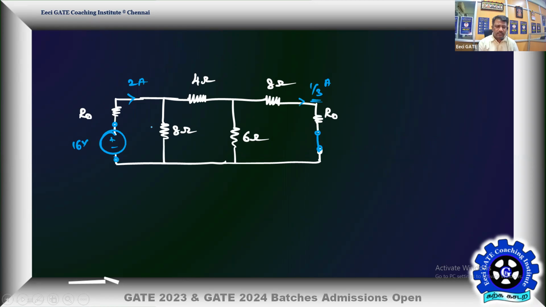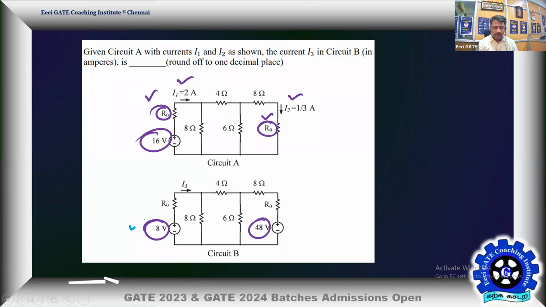The given circuit has two sources. One is 8 volts, another one is 48. If you activate 48 alone, the current is going to exist this way. So let me call this the component I31. Let this be V1 and this be V2. So V1 contributes the first response, then we enable V2 to get the second response. As per the given direction, I3 is given in this direction.